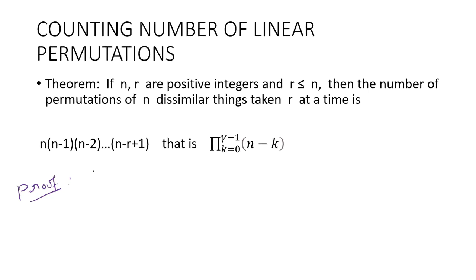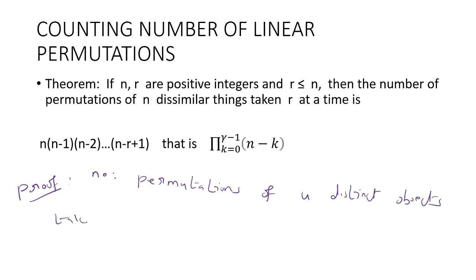So the number of permutations of 4 distinct objects taken 3 at a time is 24.